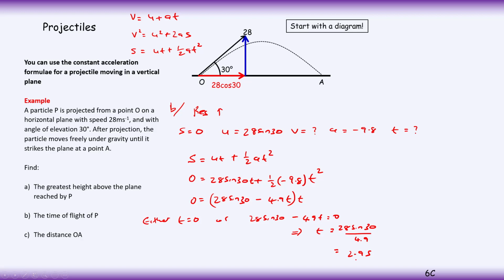So we've got two times here. 0, that's when it takes off, and then 2.9 is when it hits the plane at point A. So the time of flight is 2.9. The greatest height, we already determined, was 10.